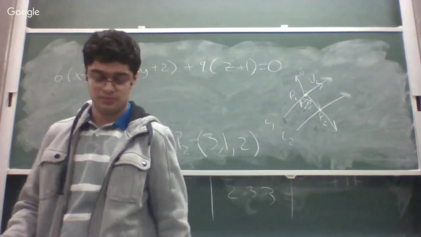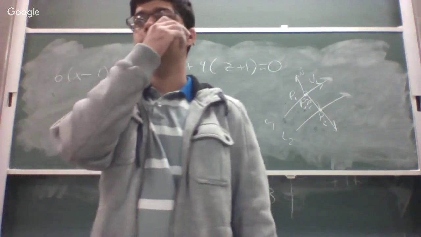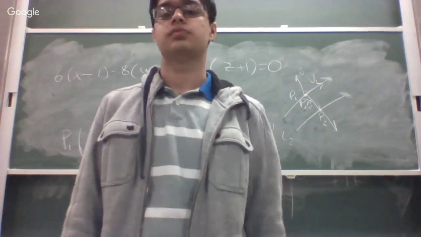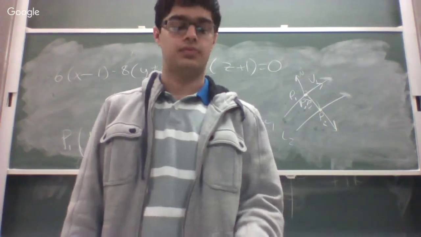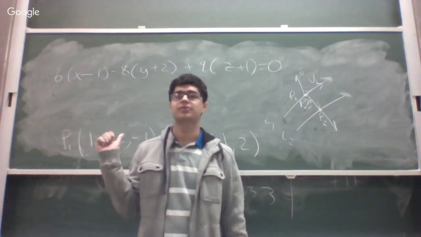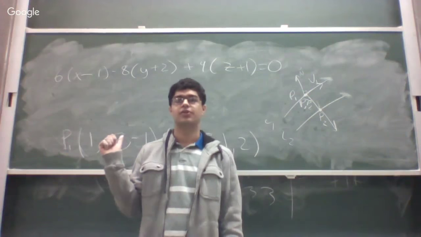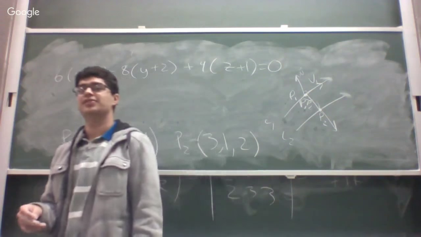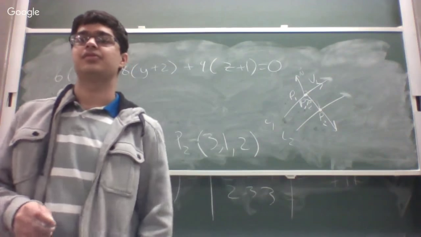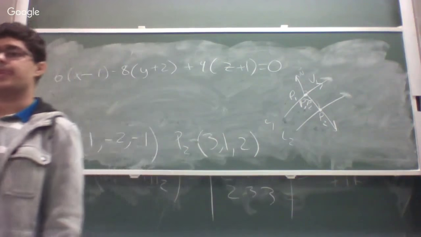The piercing point is the point of the normal vector. So are you guys good with this problem? Who is not good with it? Okay. It just seems like all we're doing is finding another vector.